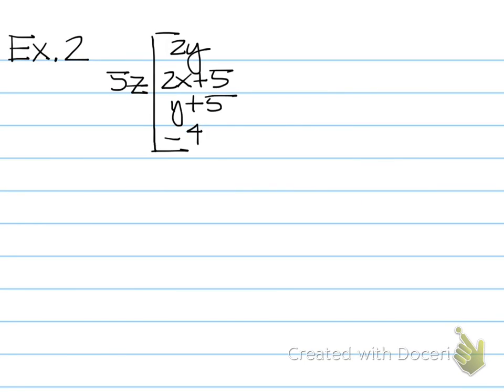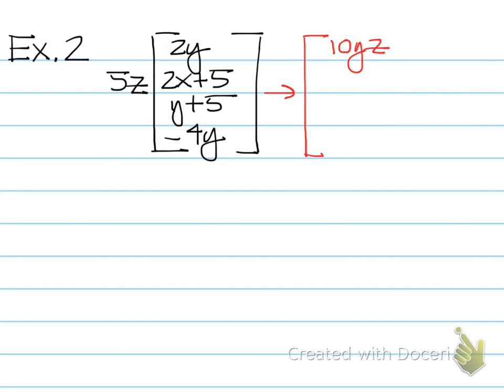All right, now we're going to multiply this 4 by 1 matrix by the scalar 5z. 5z times the 2y will give us our first element, 10yz. 5z times 2x plus 5 will give us our second element, 10xz plus 25z.